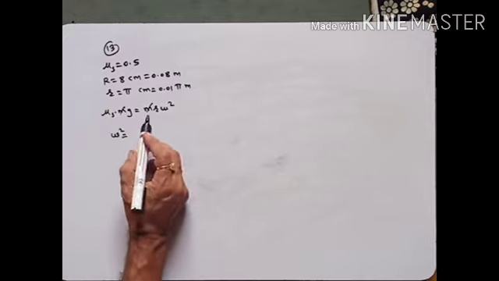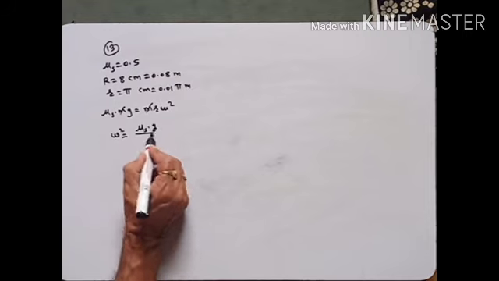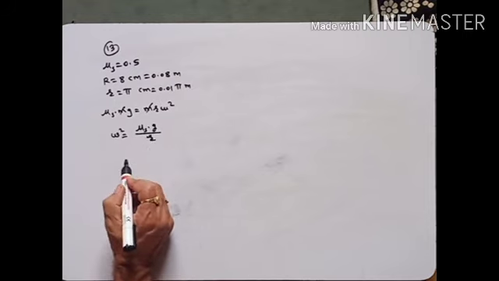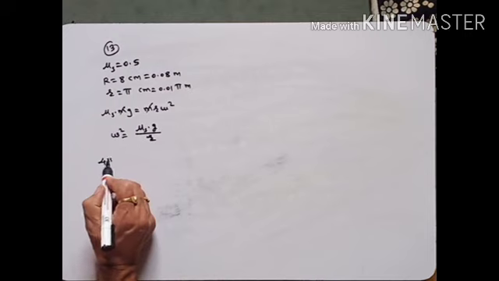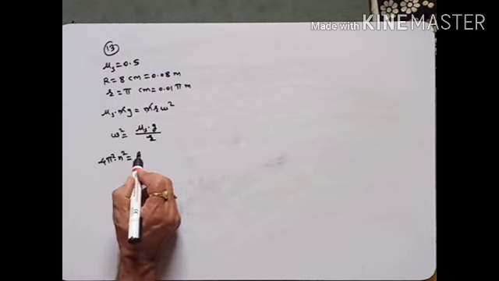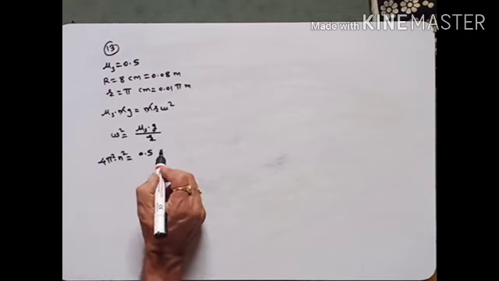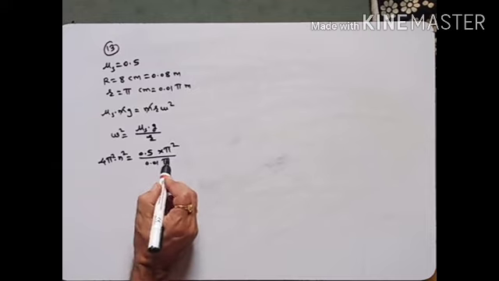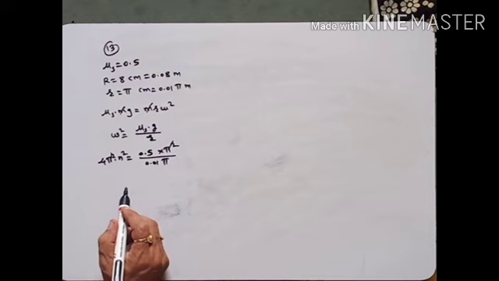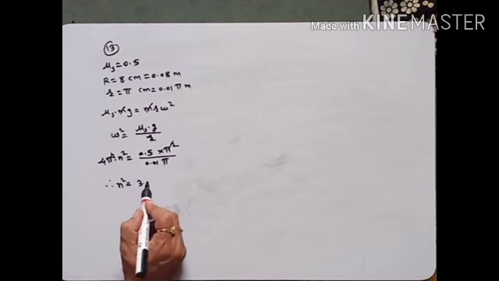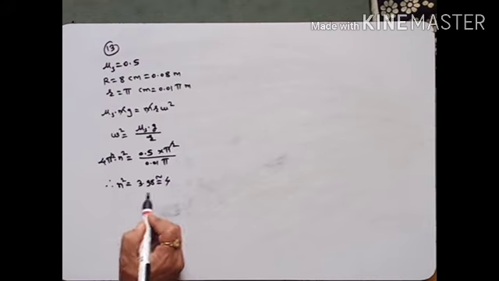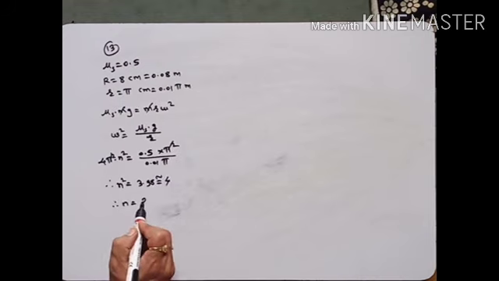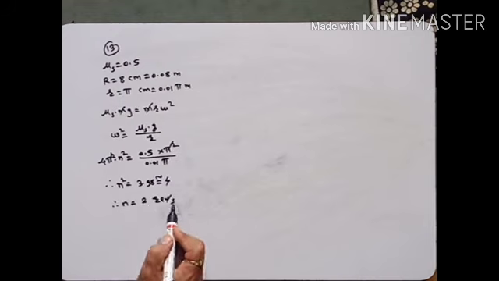Omega square is equal to mu s into small g divided by r. We put the values. 4 pi square into n square is equal to 0.5 into pi square divided by 0.01 pi. Here pi square gets cancelled, and if we solve all these, we get here n square is equal to 3.98, nearly equal to 4, and therefore n is equal to 2 revolutions per second.